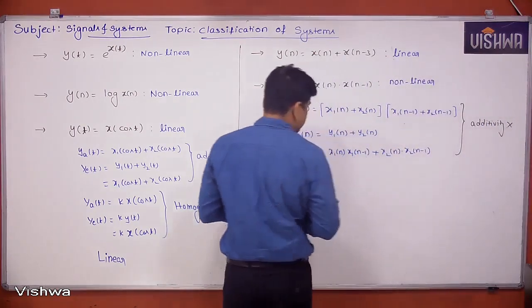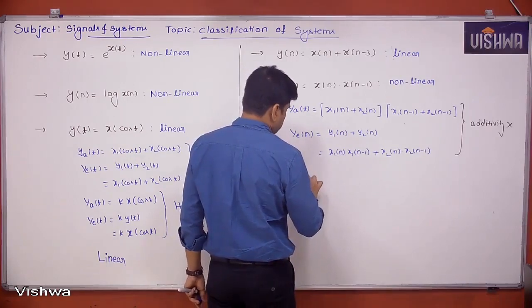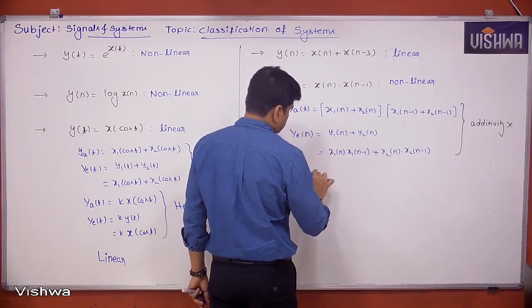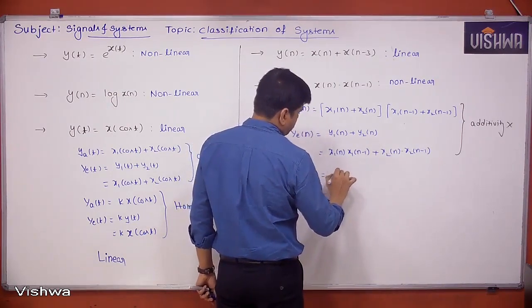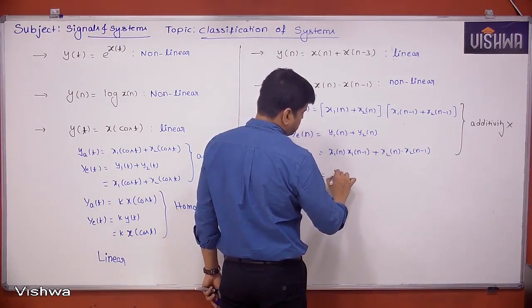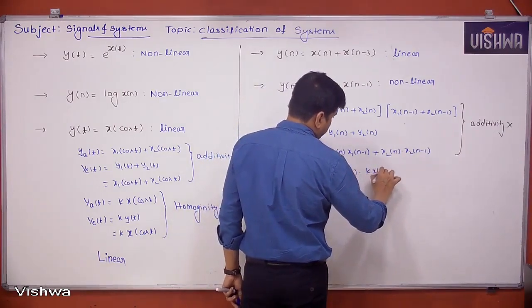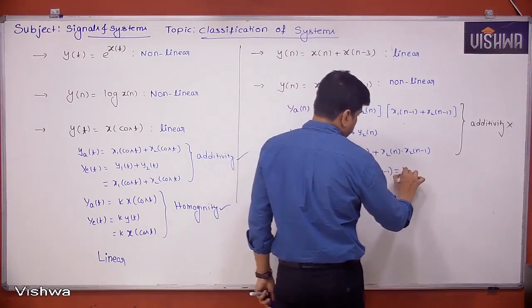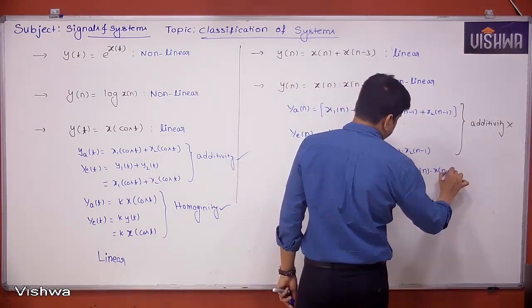Next, in the same way, it is not going to satisfy homogeneity also. Let's check it out. Actual output for homogeneity, wherever x is there, that has to be replaced with kx of n multiplied with kx of n minus 1. So finally, this is nothing but k square x of n into x of n minus 1.